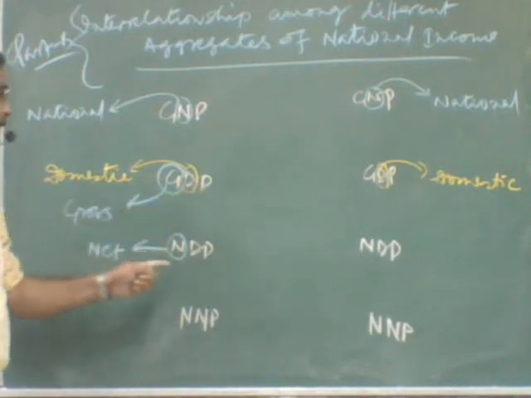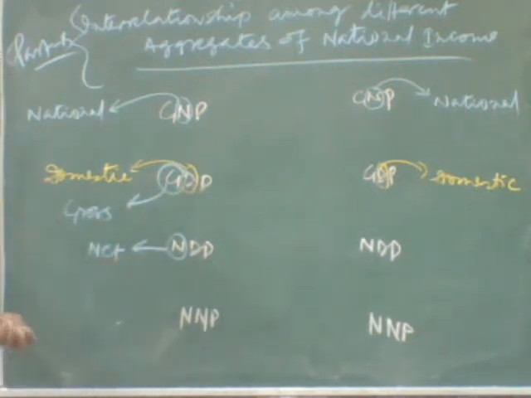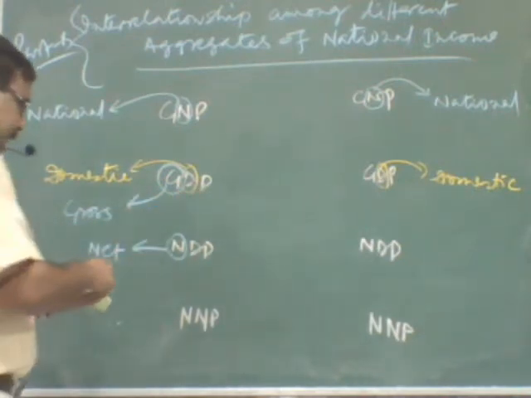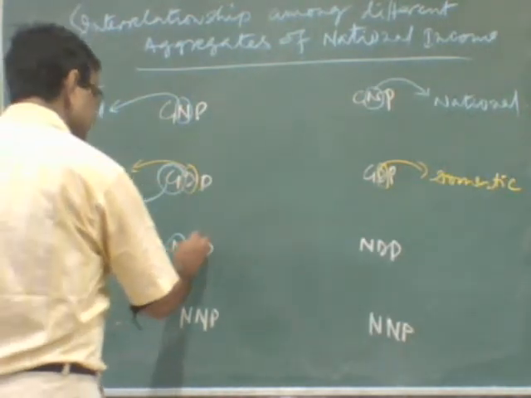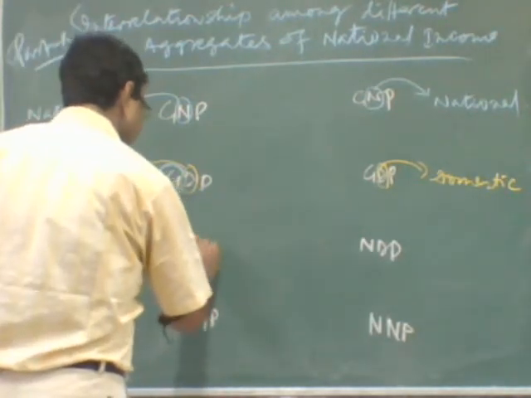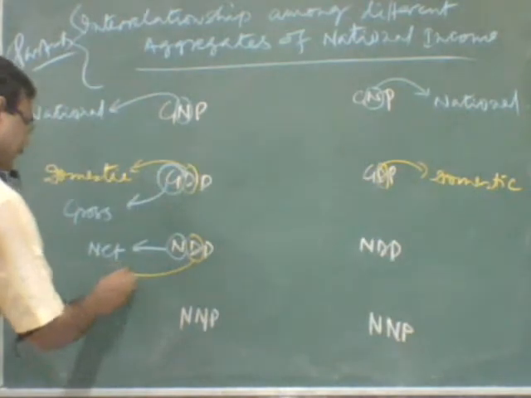Gross domestic product, net domestic product. And here D is for domestic.